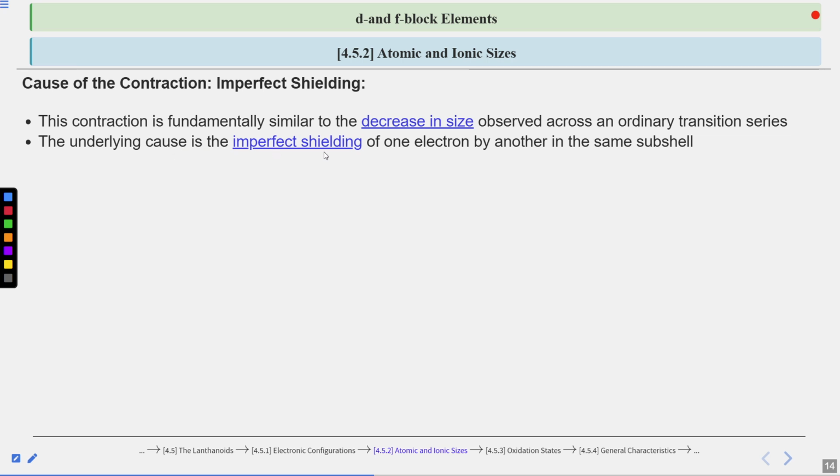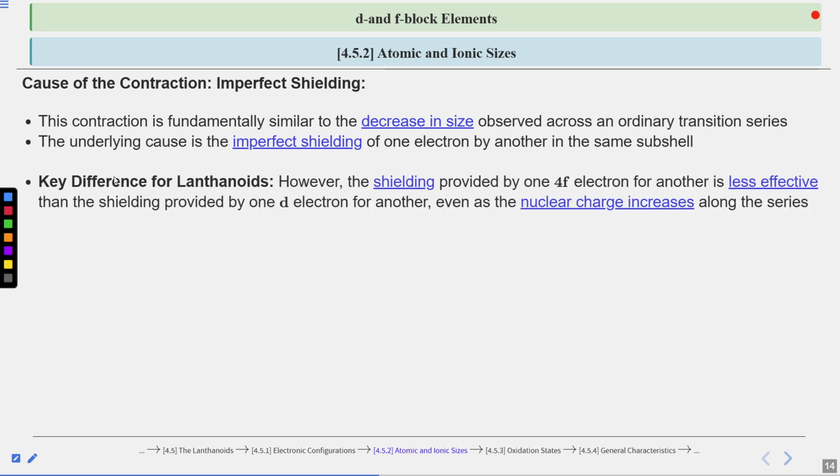The underlying cause is imperfect shielding of one electron by another in the same subshell. The key difference for lanthanoids, however, is that the shielding provided by one 4f electron for another is less effective than the shielding provided by one d electron for another, even as the nuclear charge increases along the series. That's the difference between the lanthanoids and the transition series, if you talk about the decrease in the size.